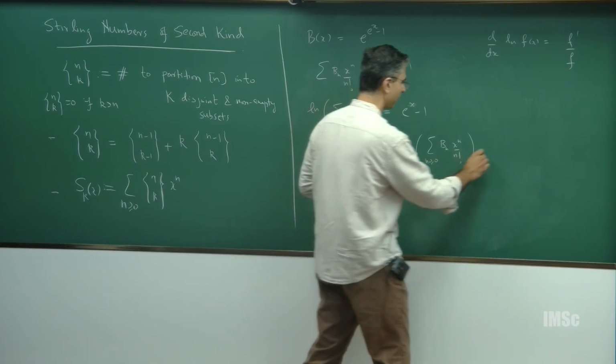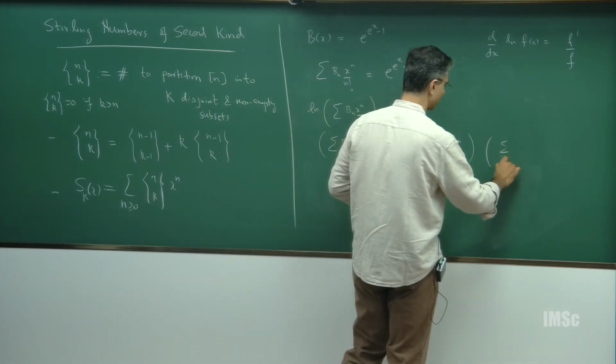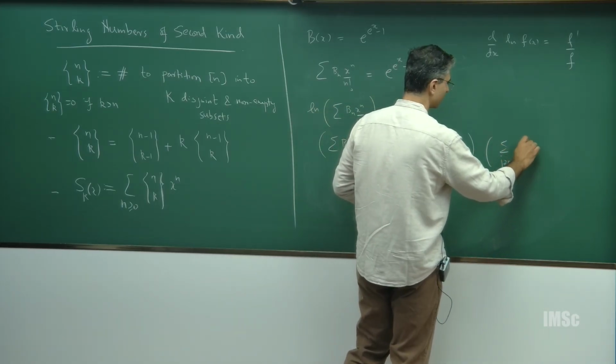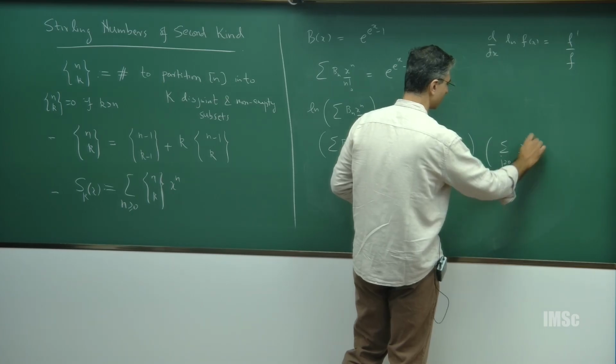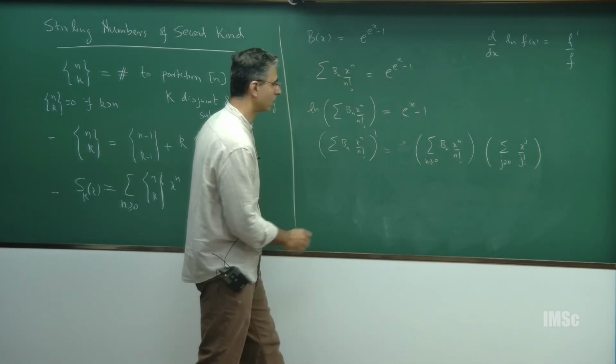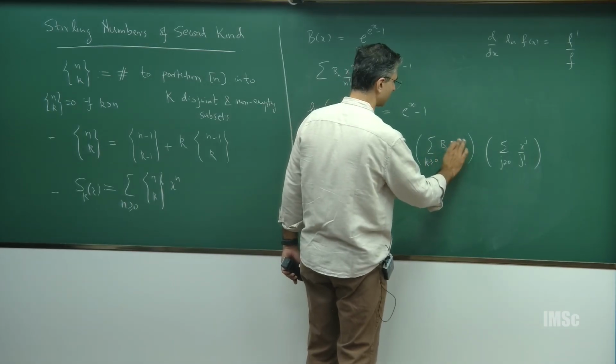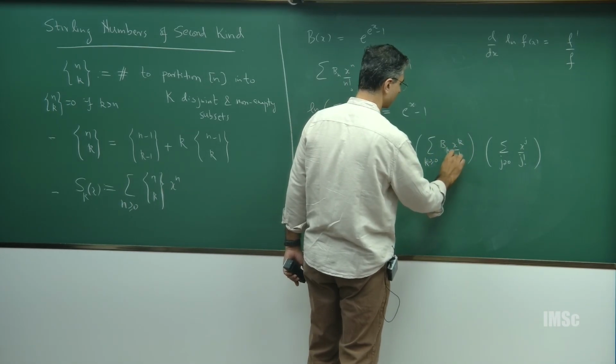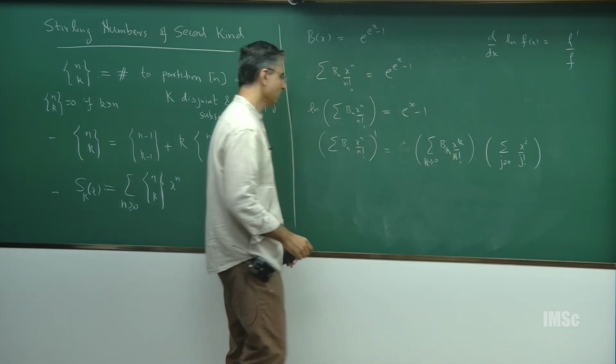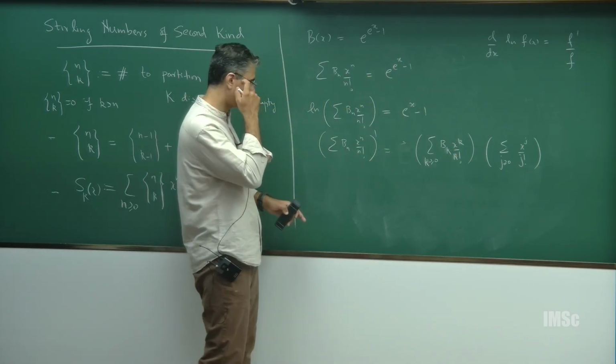So, let me write e to power x as summation of j equal to 0. Let us write it as k.